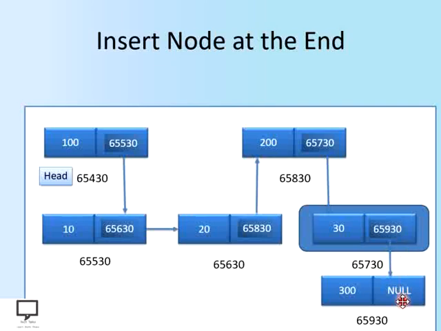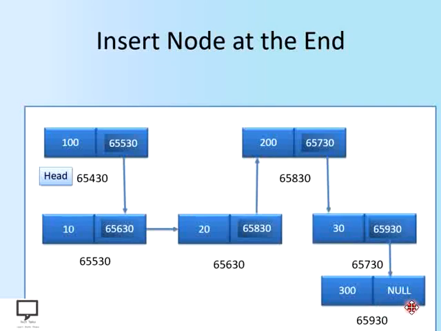And here we are done with the insertion of the node at the end. At the end the next field will be null, and it is already null as we initialized it to null. So in this way we can insert a node at the end.